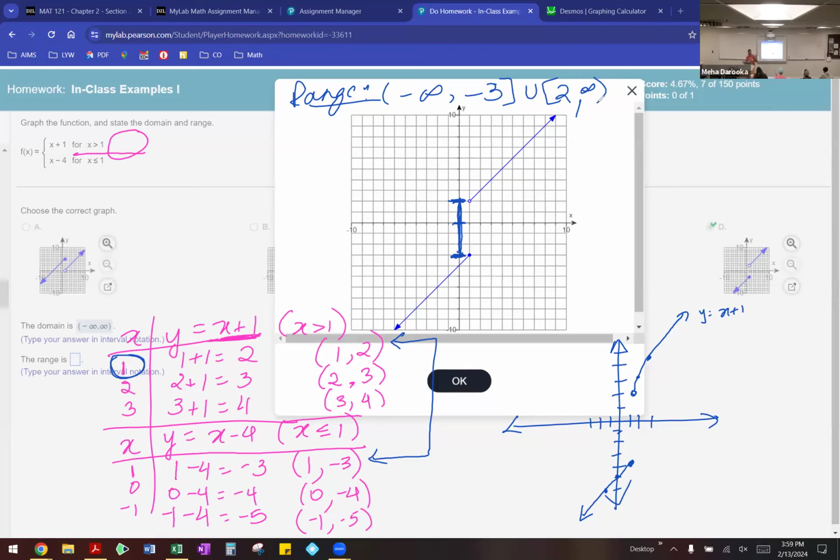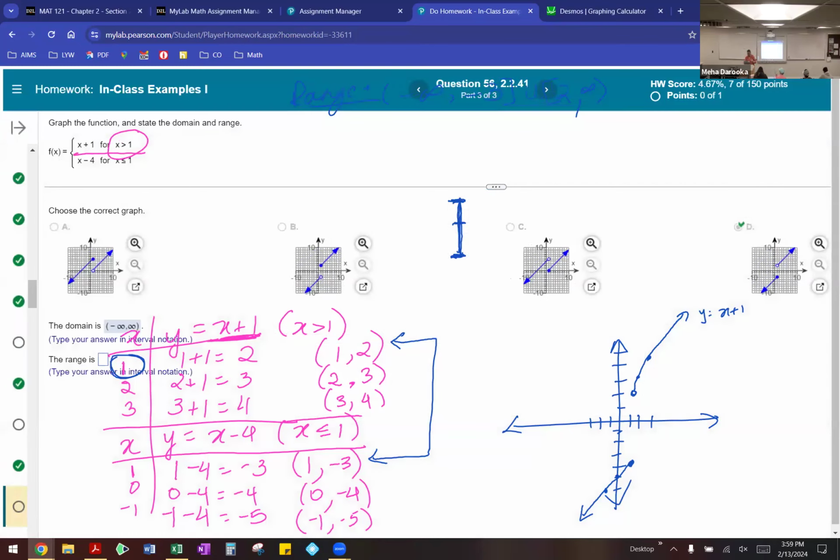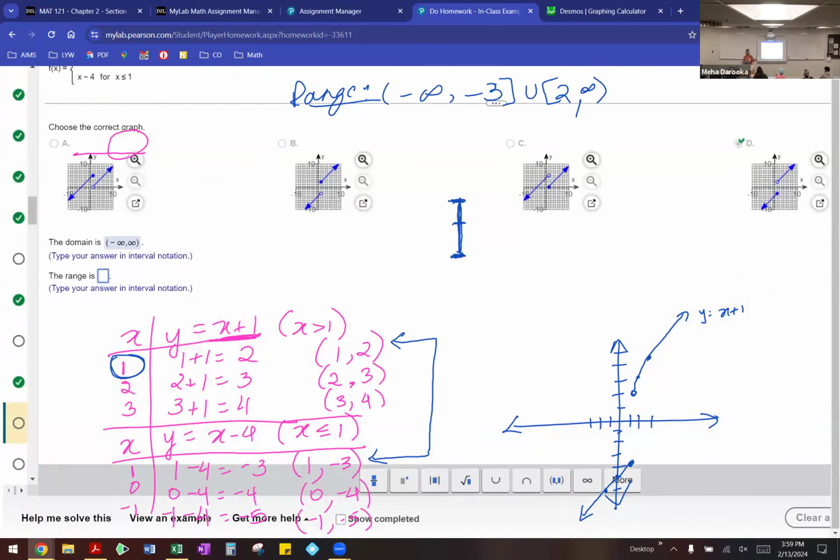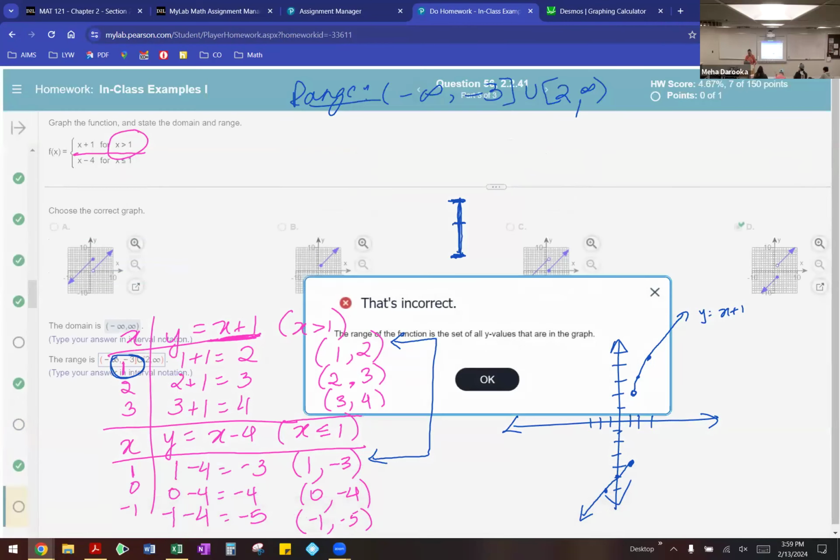So it just takes a little bit of zooming in and being able to see your graph better. But yeah, that's what your range is going to be. And since you do have the gap on the y-axis, guys, you will need to use the union symbol. So you're going from negative infinity to -3 with the bracket. Union, pick up the bracket again, and then you're going from 2 to positive infinity.